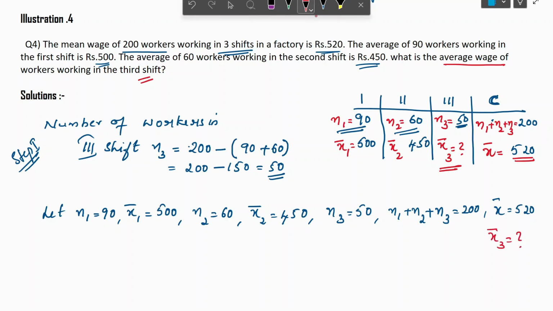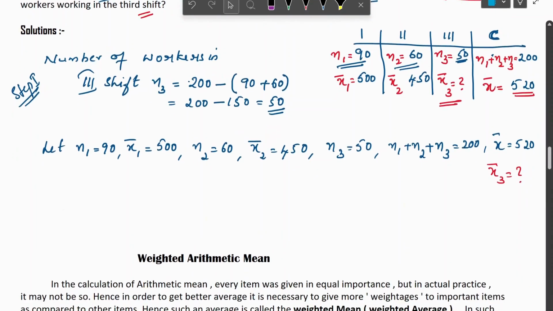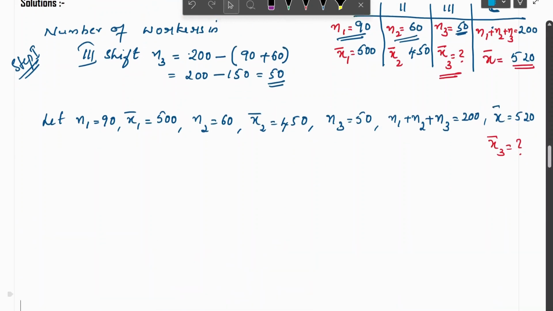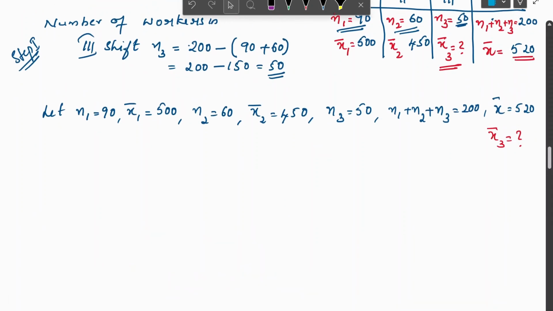First of all, be clear about what is given in the question and what you need to find out. Now, use which formula? We'll consider the formula for combined arithmetic mean for 3 groups.